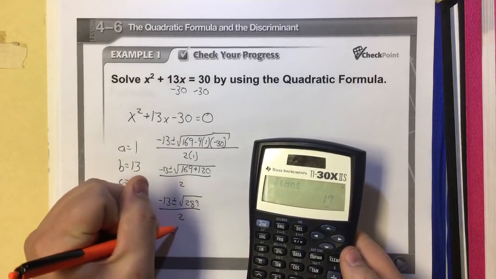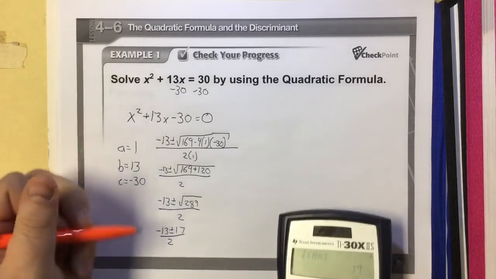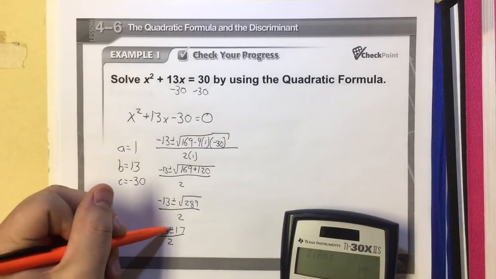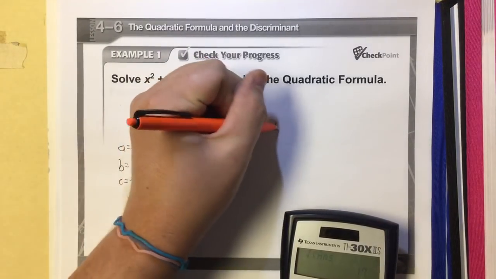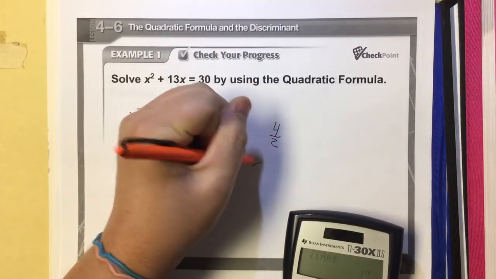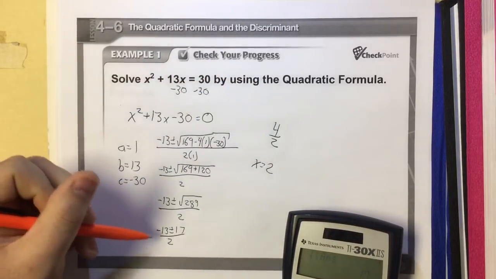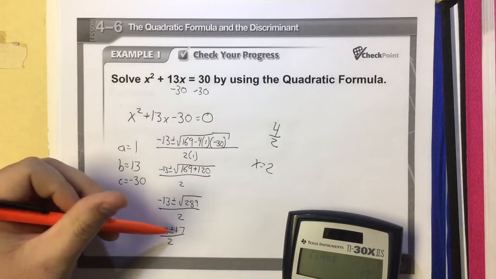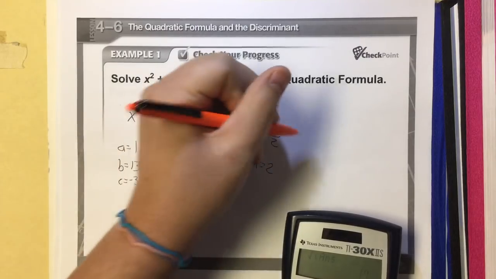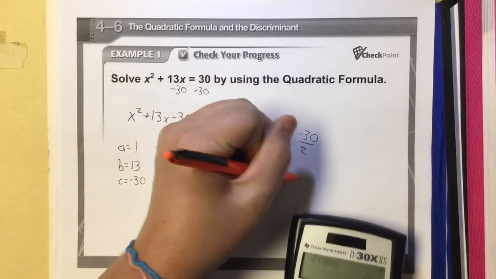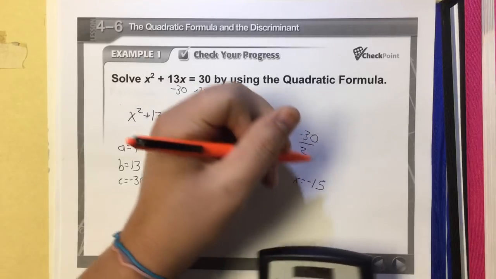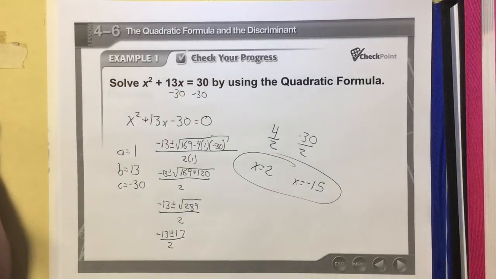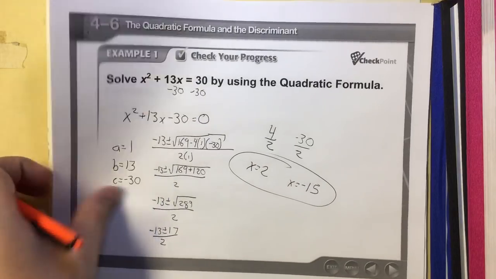Negative 13 plus or minus 17 over 2. Negative 13 plus 17 is 4. 4 over 2 is 2. Negative 13 minus 17 is negative 30. Over 2 is negative 15. So we get our answers of x equals 2, x equals negative 15.